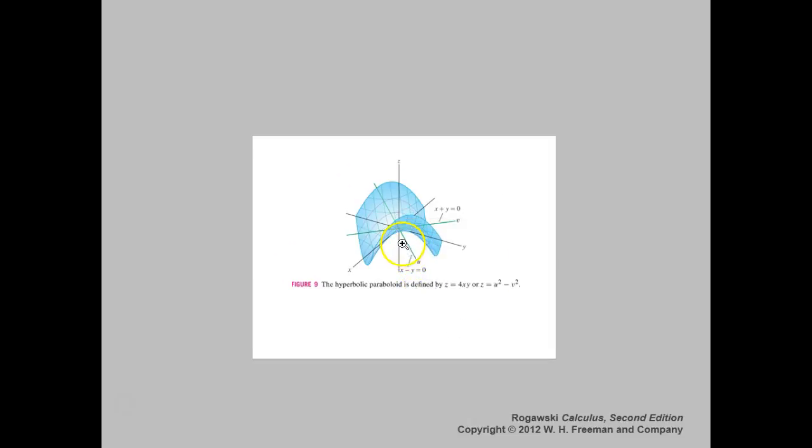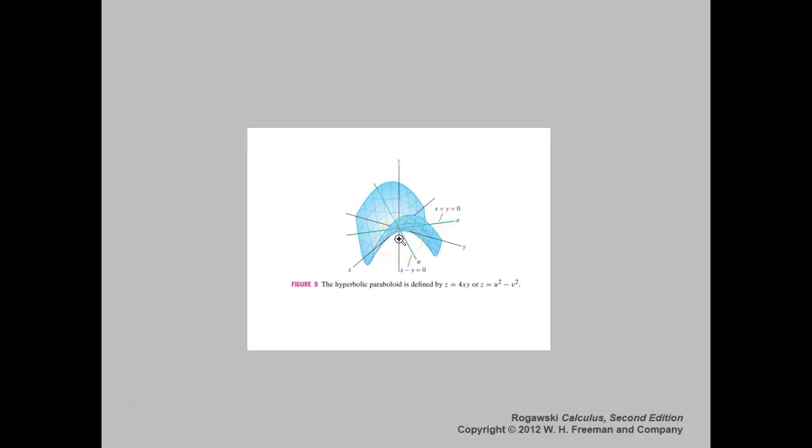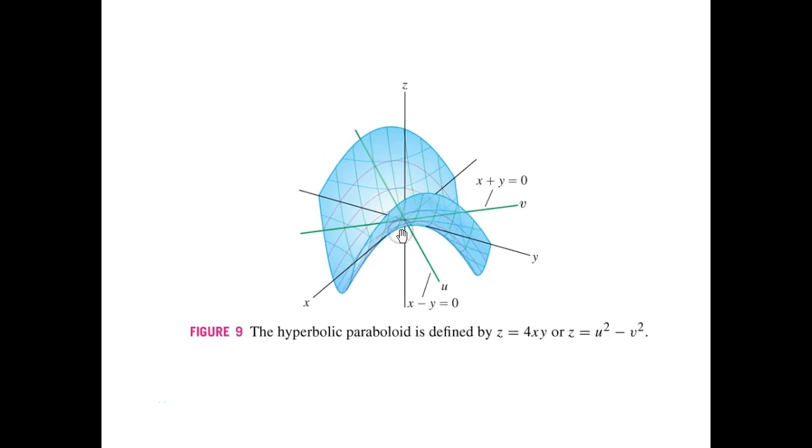I'll blow this up so you can see it a little bit better, but then I'll probably be coming back to it. I don't know if I'll write on it or not. We'll see. Believe it or not, this thing right here is a hyperbolic paraboloid. I'm sure it doesn't look like it. Until you think back, wait a minute.